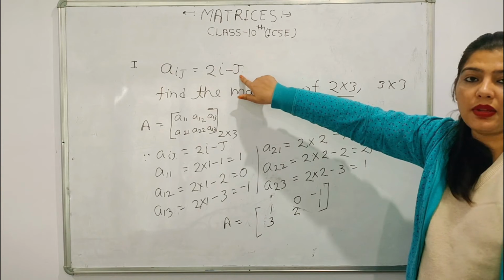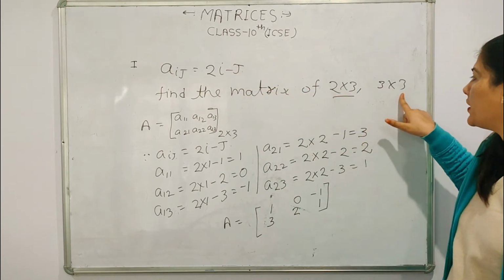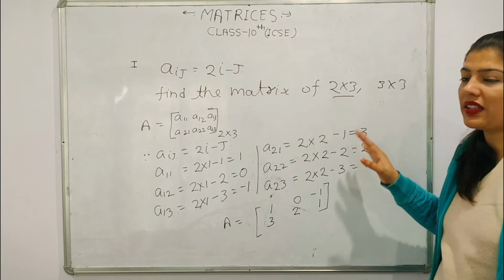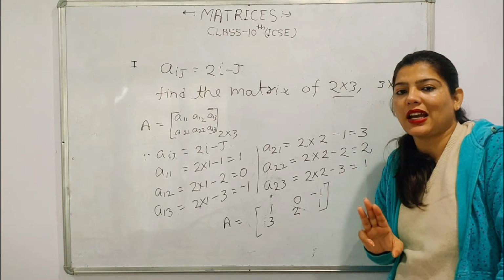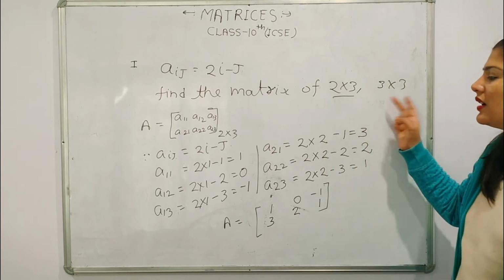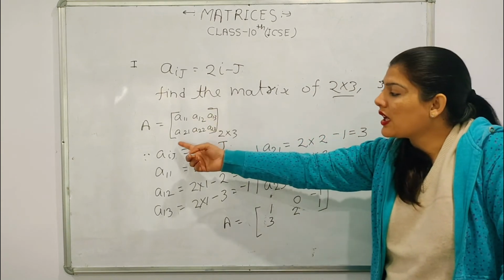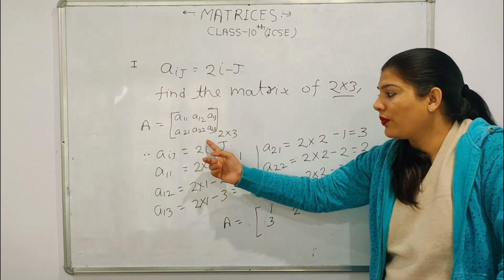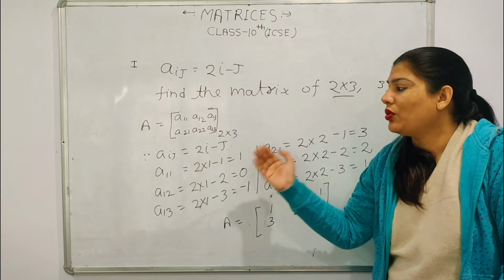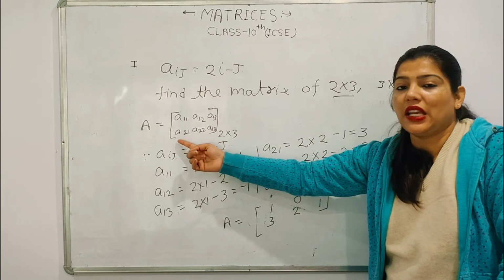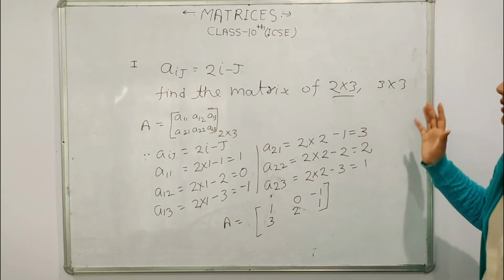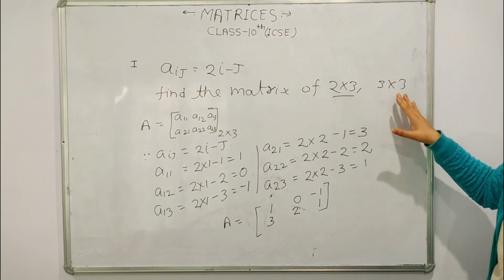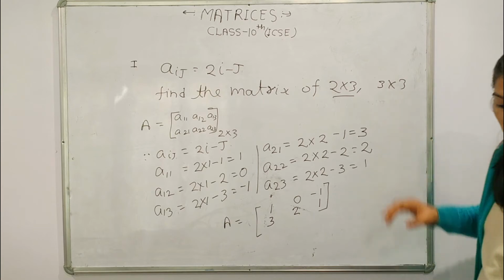If the rule is the same and they ask you to find the matrix of order 3 by 3, then how many elements can you find? You can find 9 elements here. 3 3s are 9. So you will extend this up to the third row. Then the elements you have to find are A31, A32 and A33. That's how you can find the matrix of order 3 by 3.